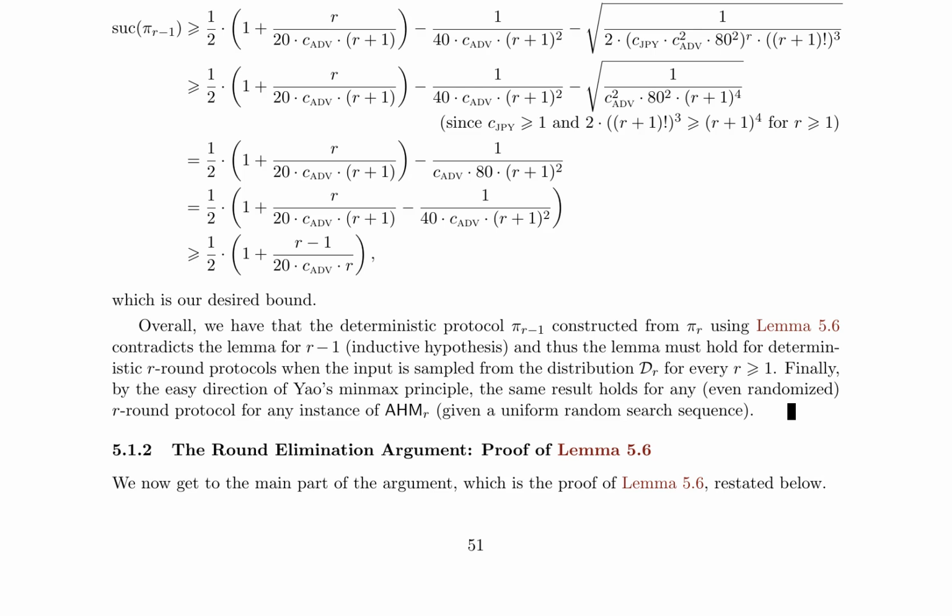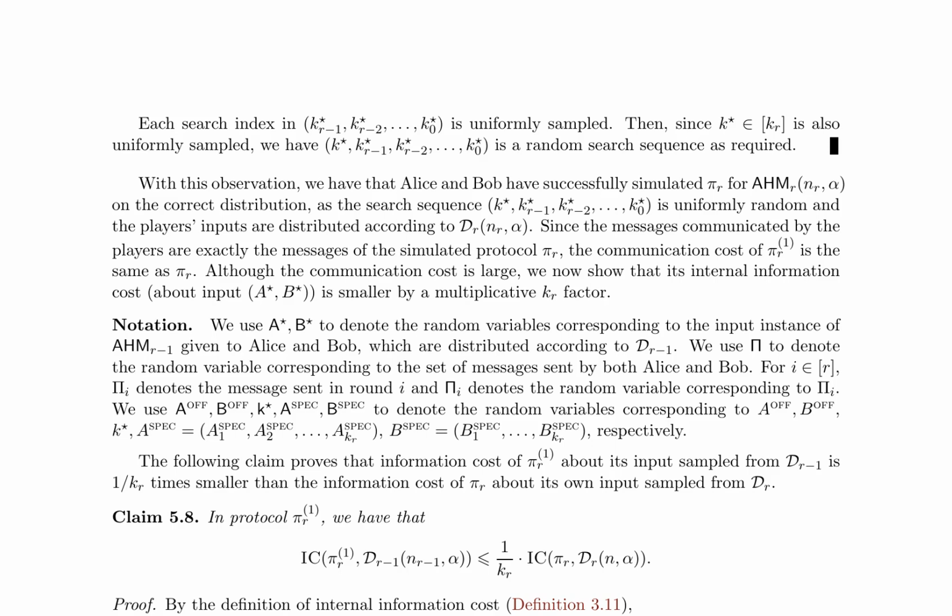In the input embedding step, a randomized R-round protocol pi_R^1 is constructed with a success probability similar to pi_R and an internal information cost less than the communication cost of pi_R by a k_R multiplicative factor. In the message compression step, a randomized R-round protocol pi_R^2 is constructed with a success probability less than that of pi_R^1 by at most an additive epsilon factor and a communication cost similar to the internal information cost of pi_R^1 under D_{R-1}.